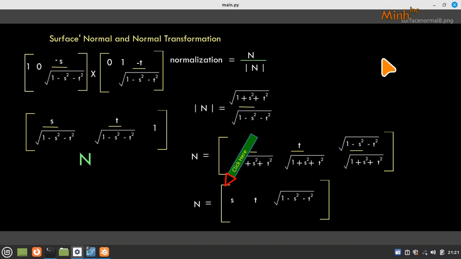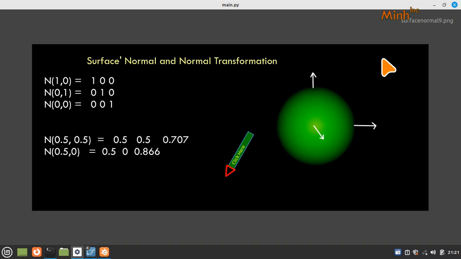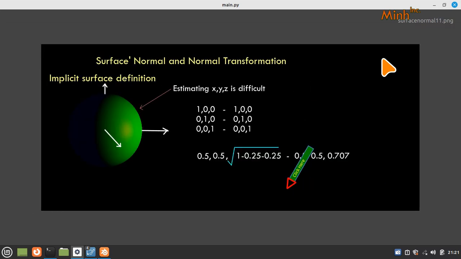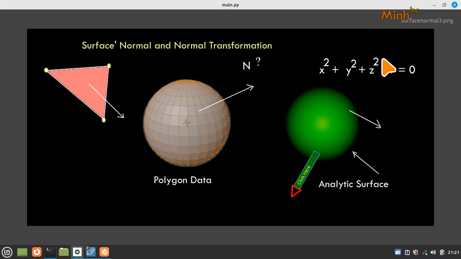If we get v1 and v2, we calculate the cross to get the normal as per the vector analogy. And once we get cross, we do the normalization and we try to get the actual normal direction. Okay, so next we'll see how to find vertex normal in the polygon data.